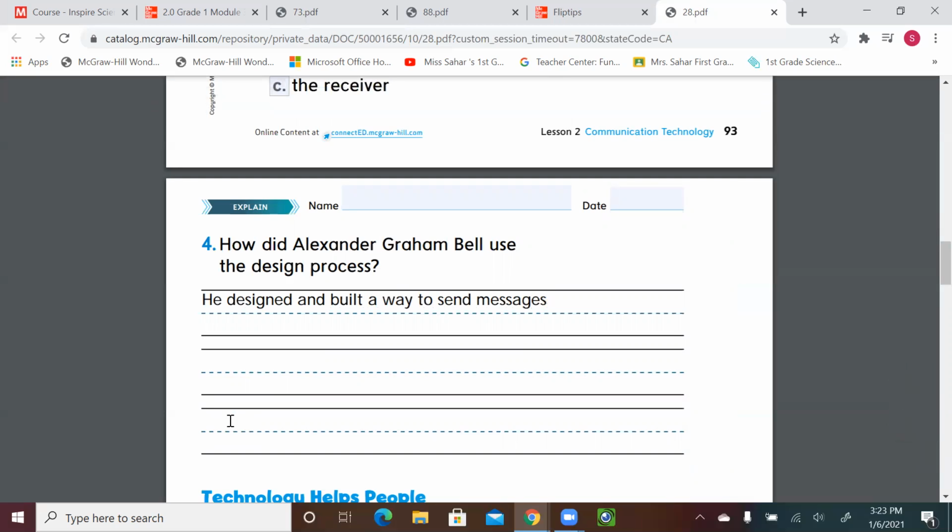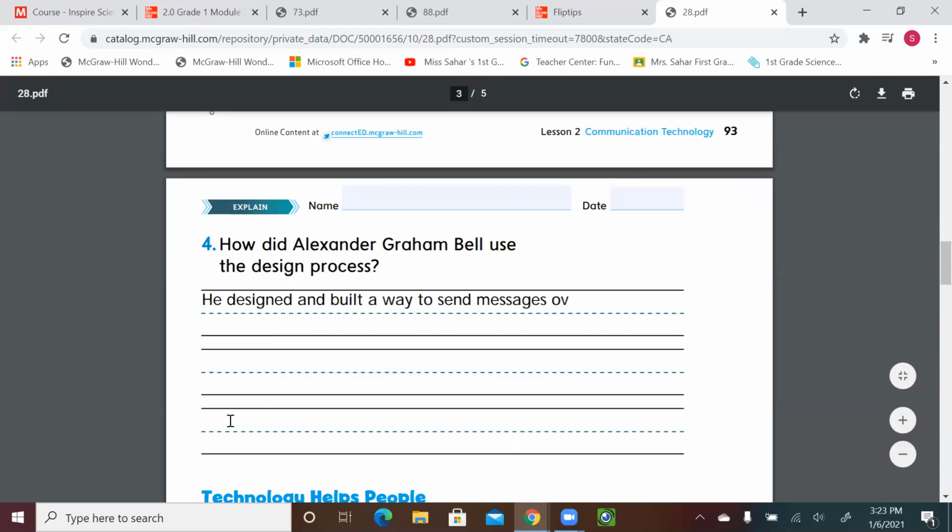because before they used to have the telegraph, and the telegraph can send one message at a time. So that was the problem, that they needed something fast. They're looking for something that they can send more than one message. So he found that we can send messages over long distance.